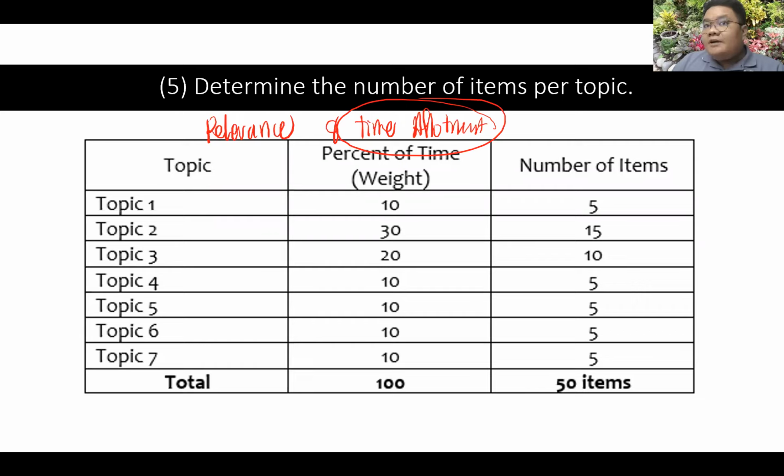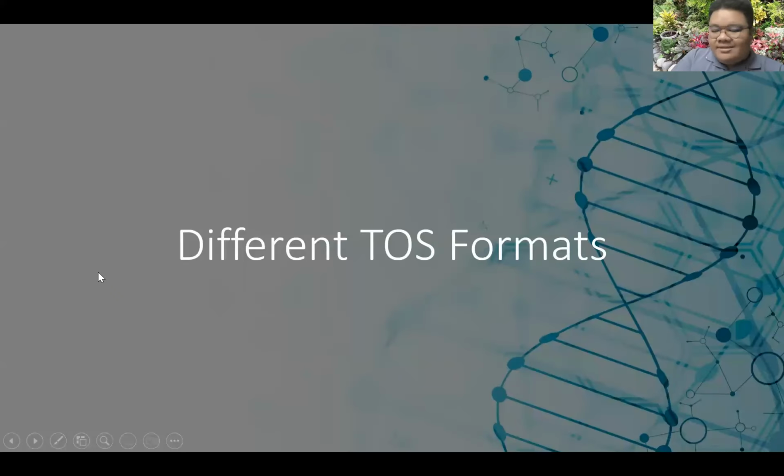Plus, may mga untowards na event na hindi iniiwasan. Halimbawa, yung isang topic baka napaikli dahil nga sa mga untoward incidents. Or halimbawa, mas gustong mag-focus ng teacher on this topic. So it will be the time allotment that will be a more realistic estimate of the items that you will be including in your TOS.